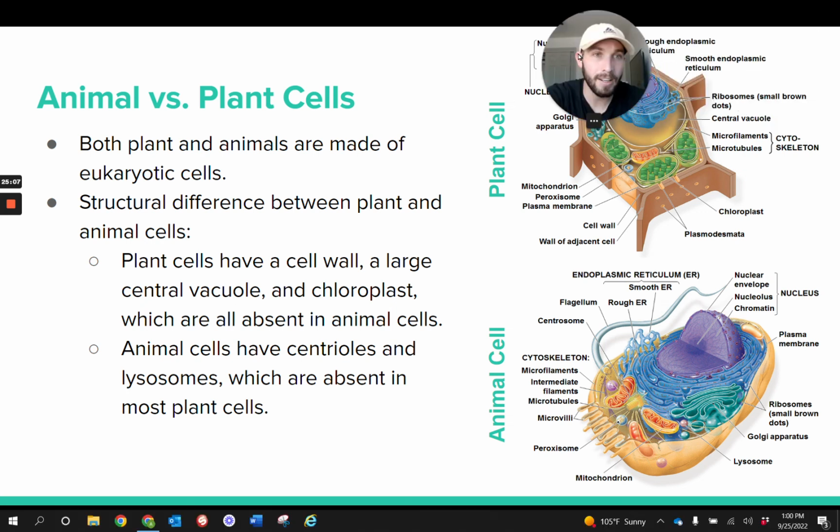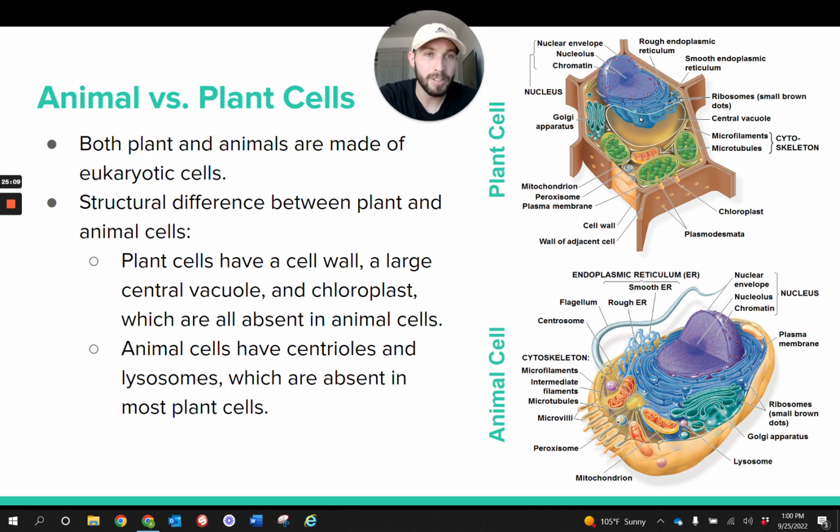This is called a large central vacuole, which likes to fill up with lots of water and other material inside of plant cells. Animal cells do not have this large central vacuole. There's not this giant membrane sac filling up with water inside of animal cells, but we do see that in plant cells. So that's another difference: cell wall, large central vacuole.